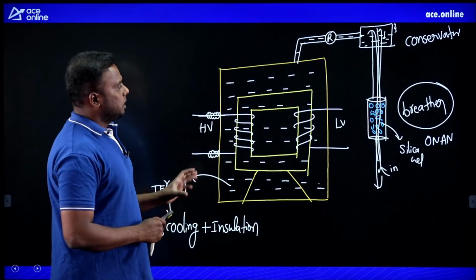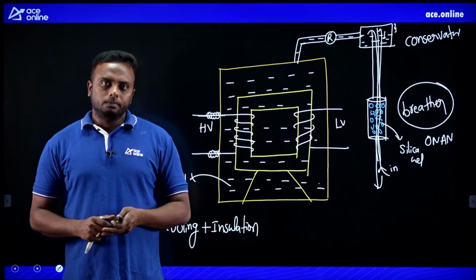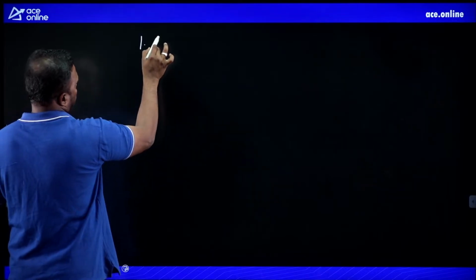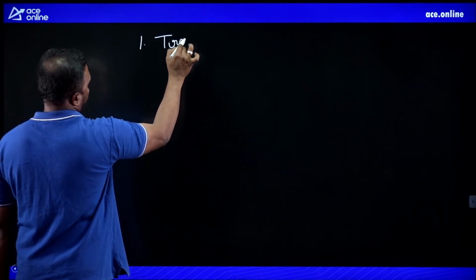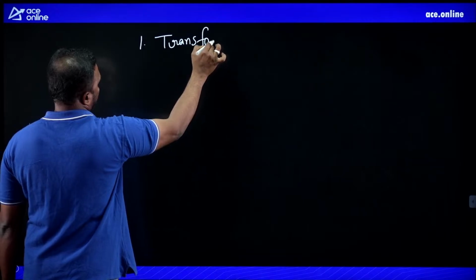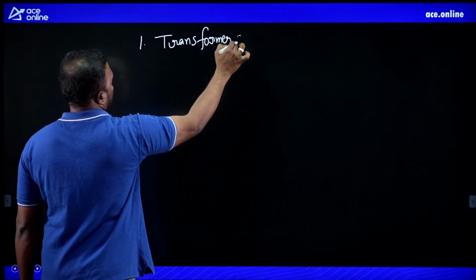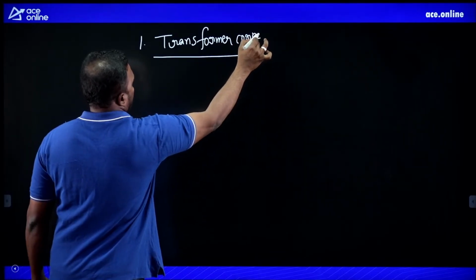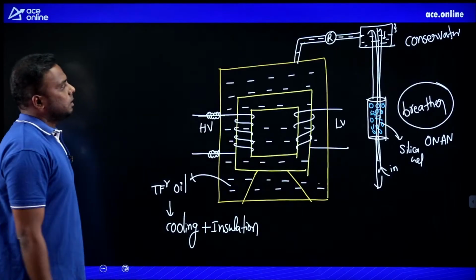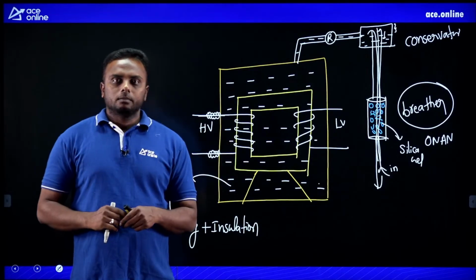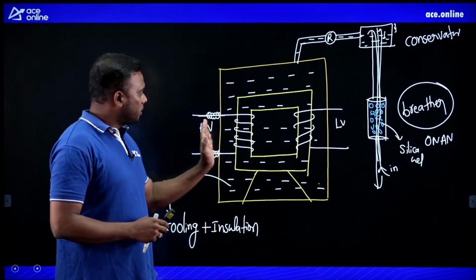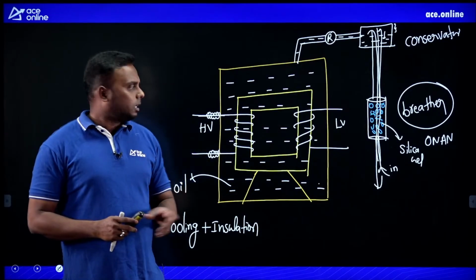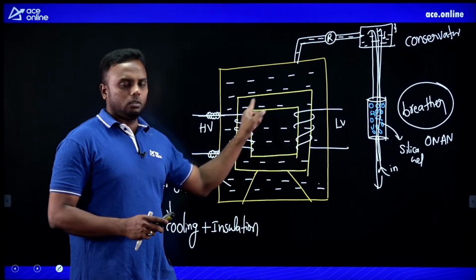Next, let's see the important points mainly about the transformer core and winding. In the transformer core, the important thing is the type of material we choose. How is power transferred from one winding to the other winding in a transformer? By the induction process, through the magnetic core only.